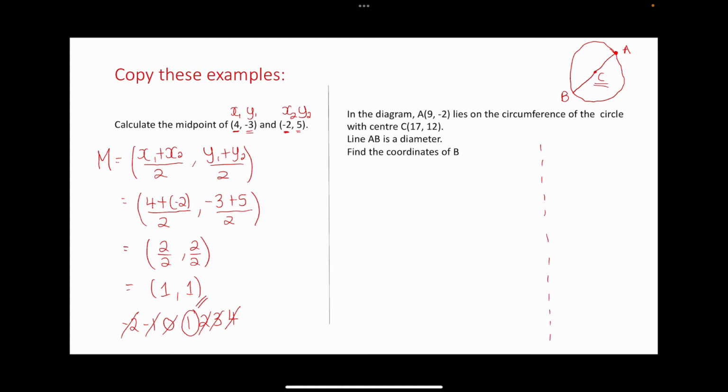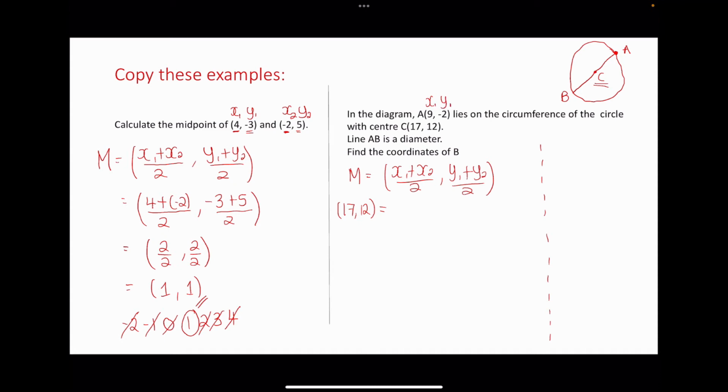The first way is by using the formula that we've just been given. If we know that our midpoint is our x coordinates added together, divided by 2, comma, our y coordinates added together, divided by 2, we can substitute in the information that we know and use it to create some equations to help us. So our midpoint is 17, 12, and that is equal to, so here's an x coordinate, here's a y coordinate, and I'm going to call this set 1.